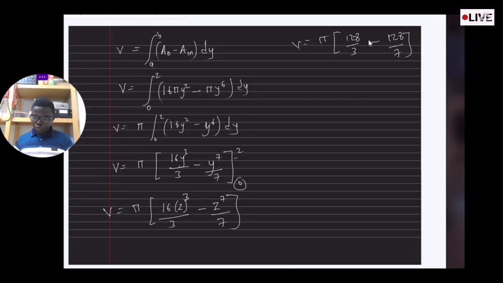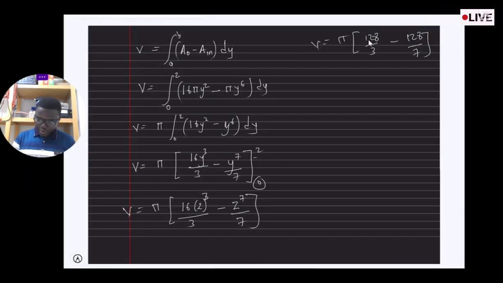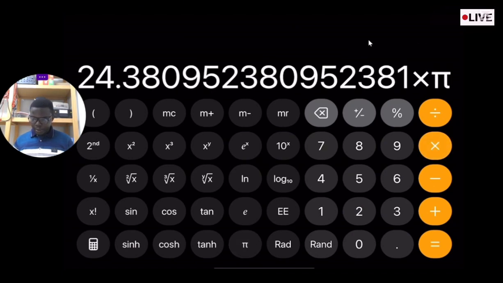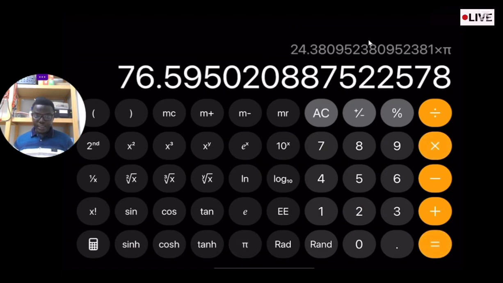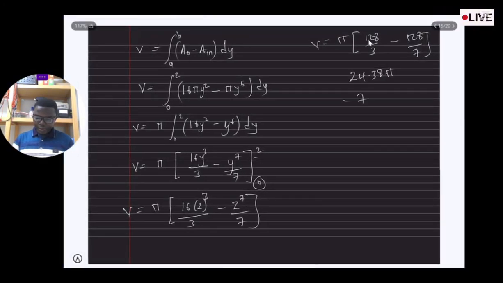With these two we can simplify further, and that gives us 24.38, and then multiplying by pi, we get 76.595 as our final answer.